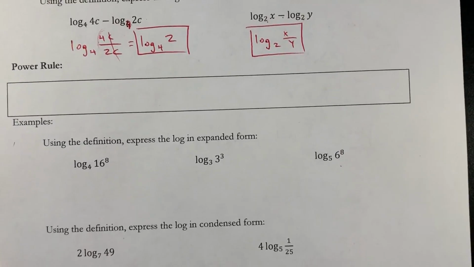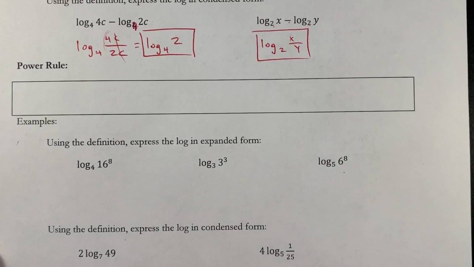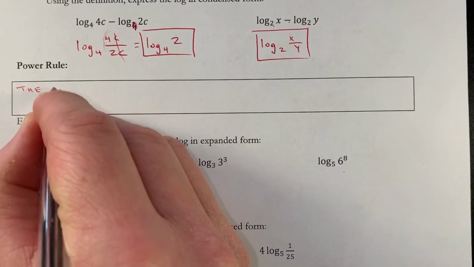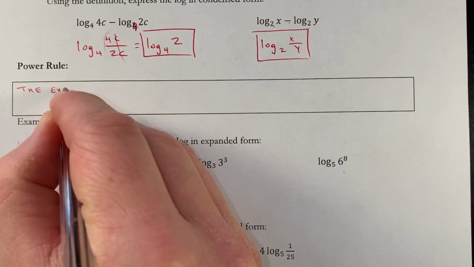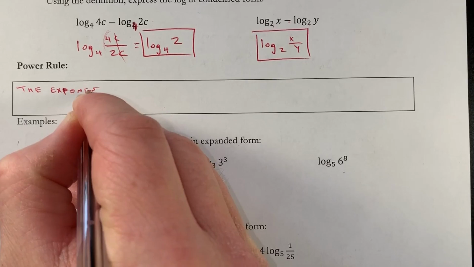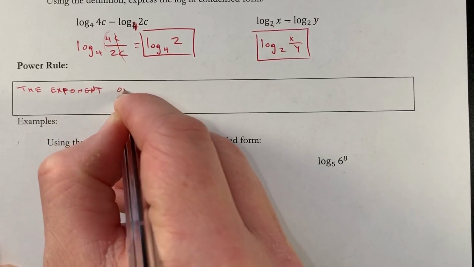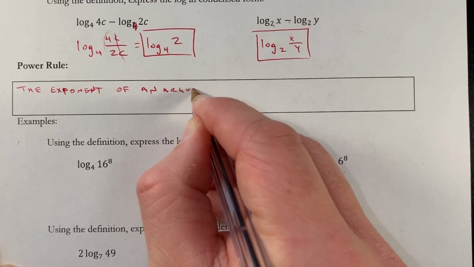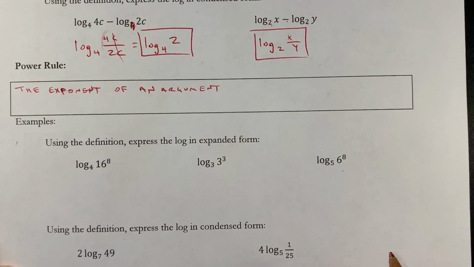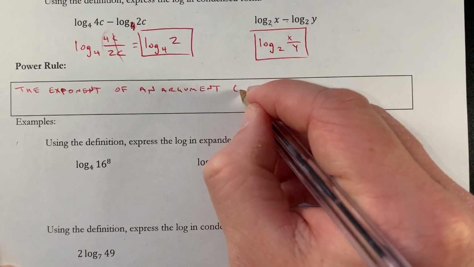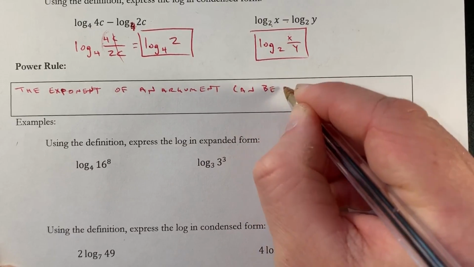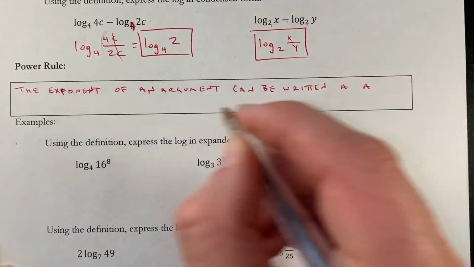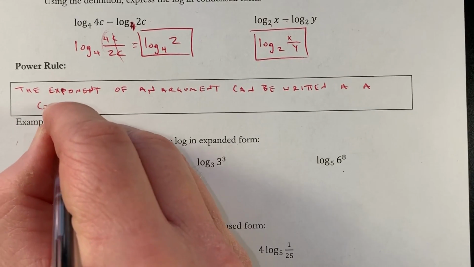Our last rule is the power rule. For logarithms, the power rule says the exponent of an argument can be written as a coefficient.